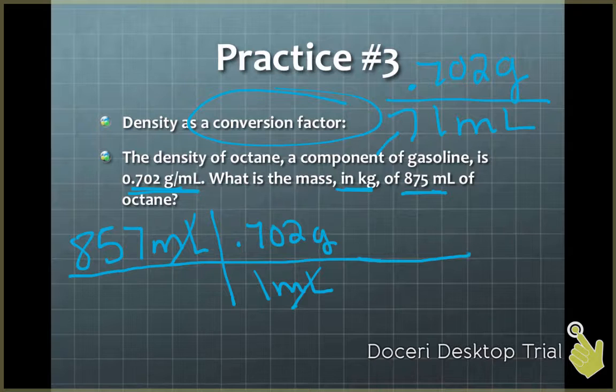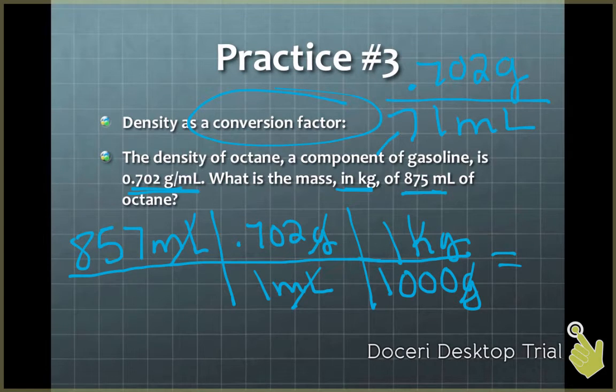Now we're in grams. Now the problem's asking us for kilograms. If you go back to your prefixes, you will see that kilo is 1,000 times bigger than a gram. So that means that there is 1,000 grams in 1 kilogram. Our grams now cancel out, and now we just have to do the math.